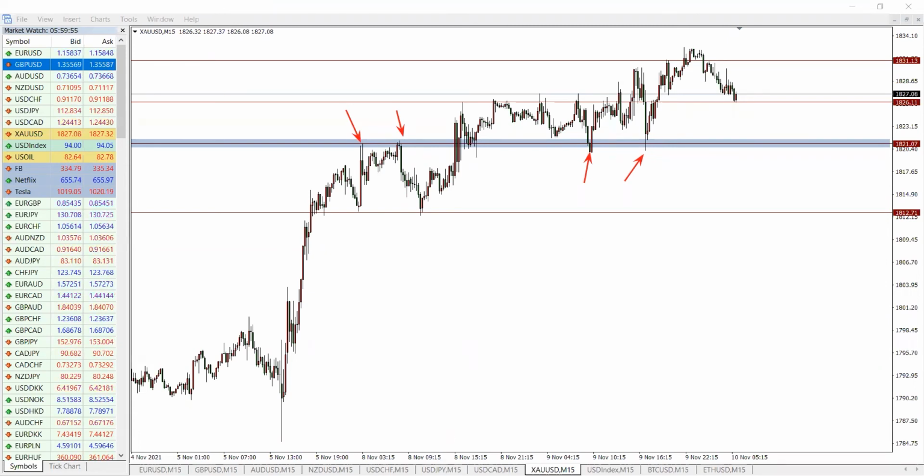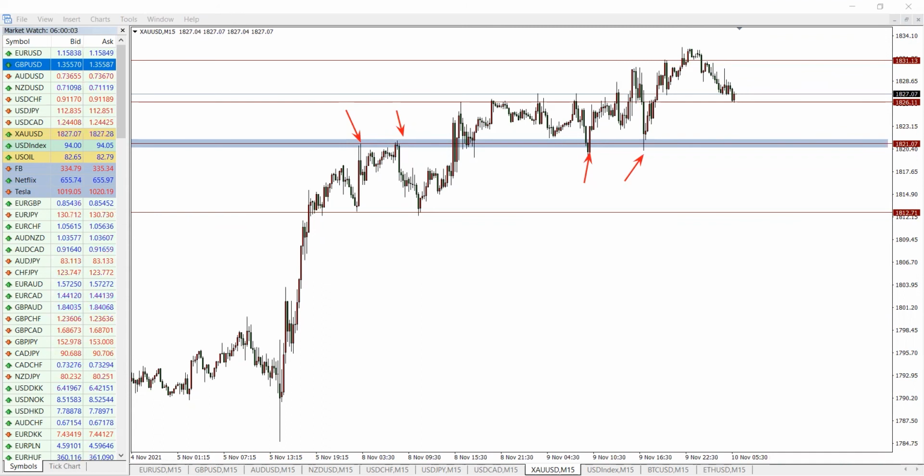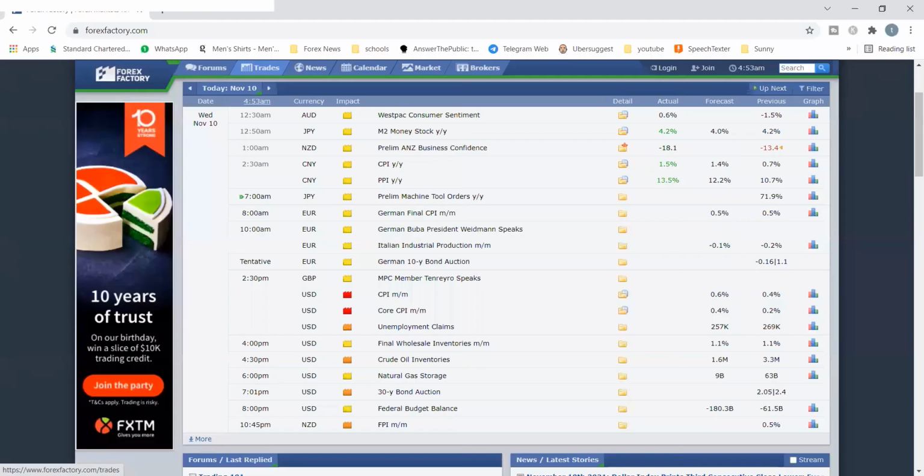But if you look closely, we have data coming out later today. We have news for the dollar. We have the CPI coming out later today by 2:30 p.m. So we should expect some volatility for the USD pairs.